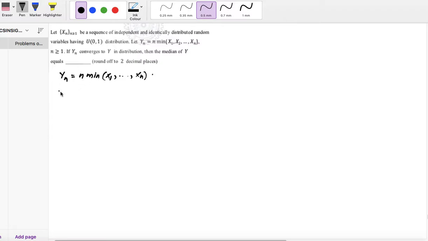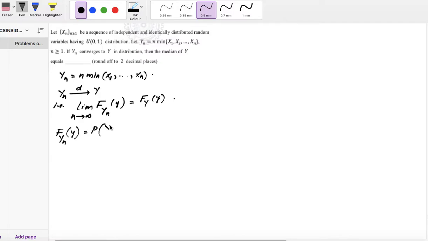We are given yn converges to y in distribution. This means the limit as n tends to infinity of f of yn of y would converge to f of y. For that, let's derive the distribution function of yn, which is the probability of yn less than or equal to y.